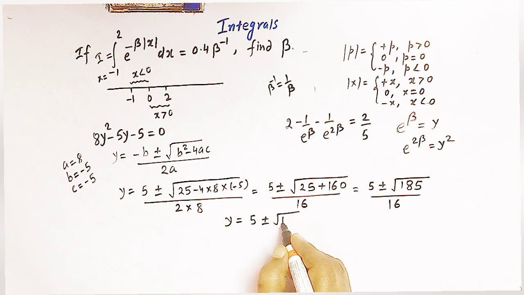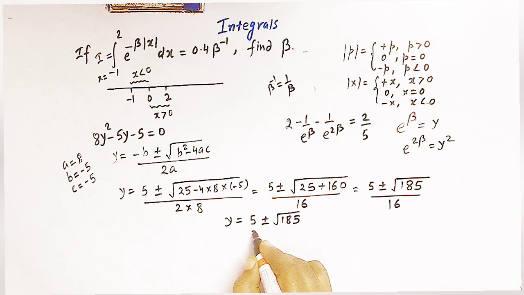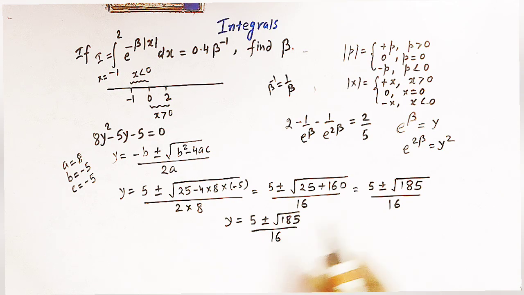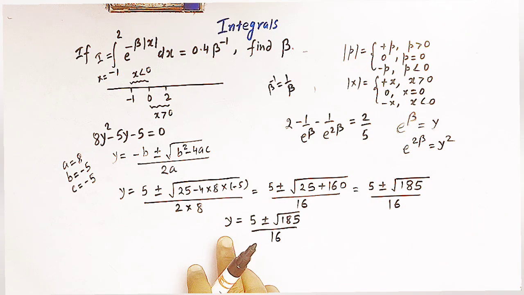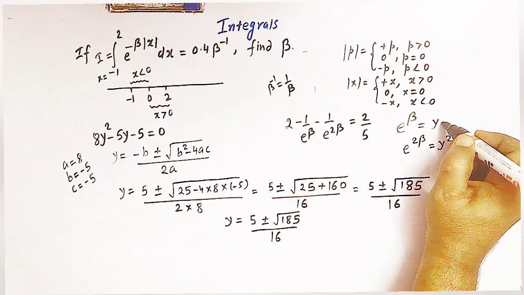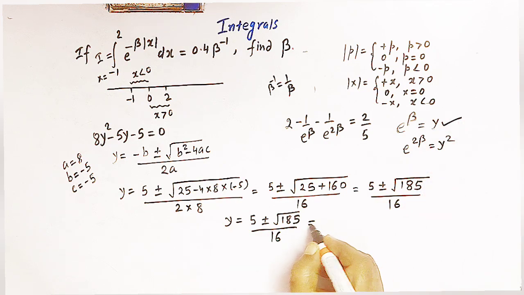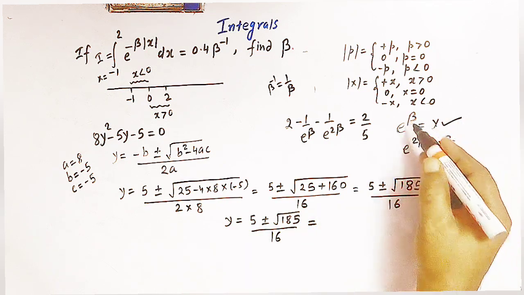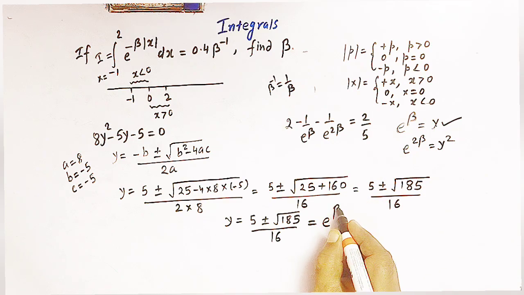So now we can write the value of beta by using this value of y. So taking this value of y in this equation, we have y is equal to e raised to beta, right?